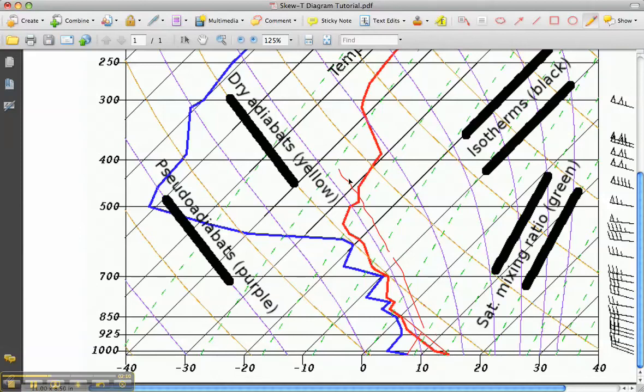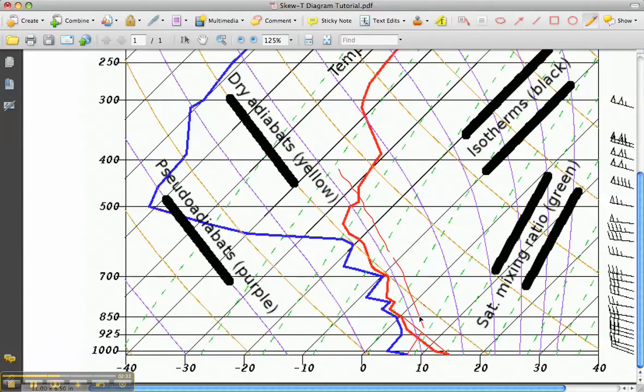So let's take a look at the temperature at 850 of the actual atmosphere, the environmental temperature at 850, and it's sitting right on the 0 isotherm. So the temperature of the surrounding air is 0 degrees.